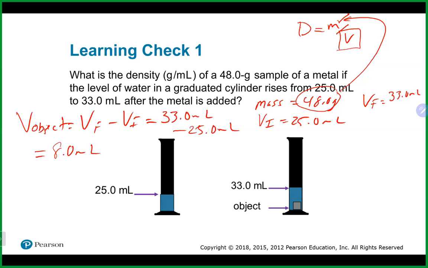We are subtracting, so we go to 1 decimal place on each. That means finally here we have everything we need for our density. Our density would be our mass, which was 48.0 grams divided by 8 milliliters. And we take 48 divided by 8, which gives us 6.0 grams per milliliter here.